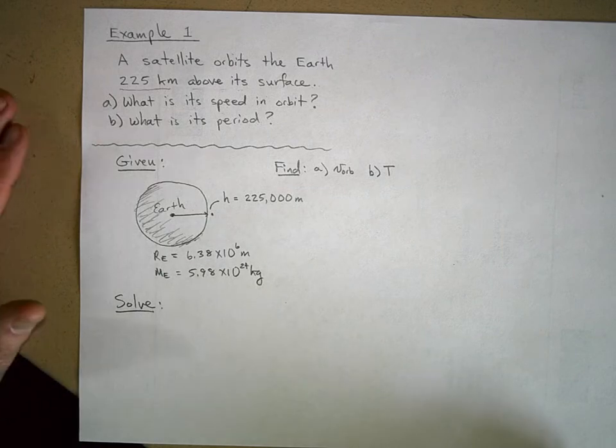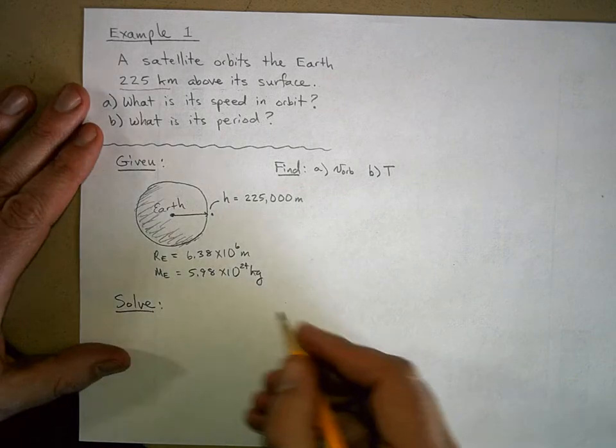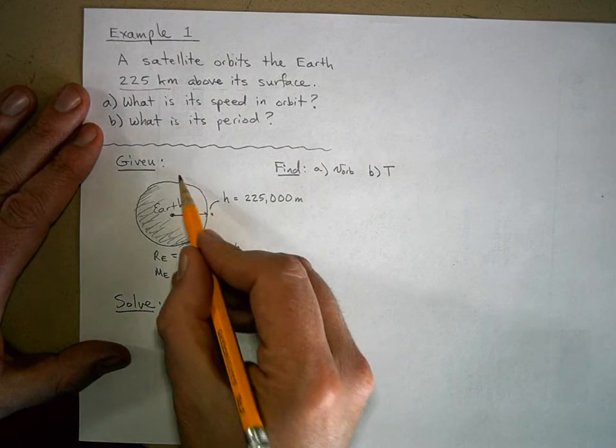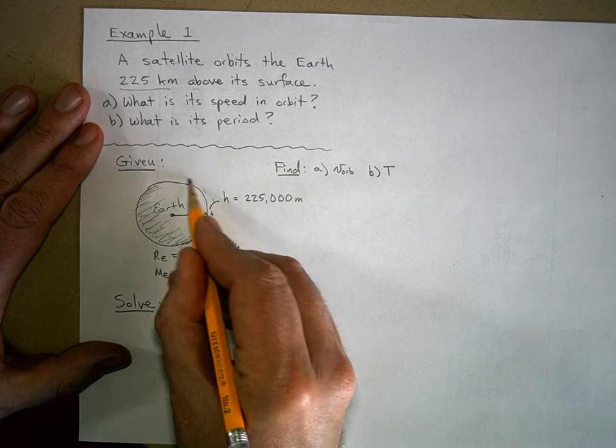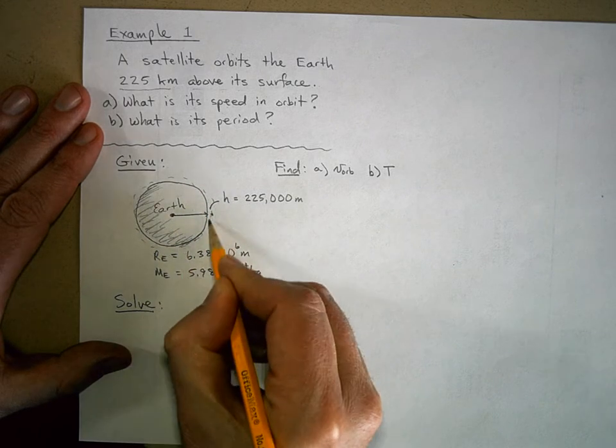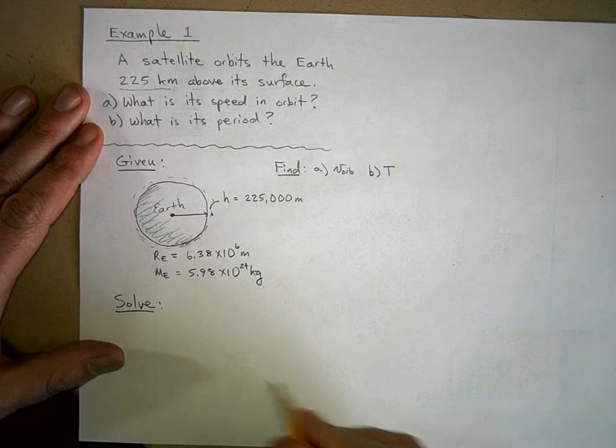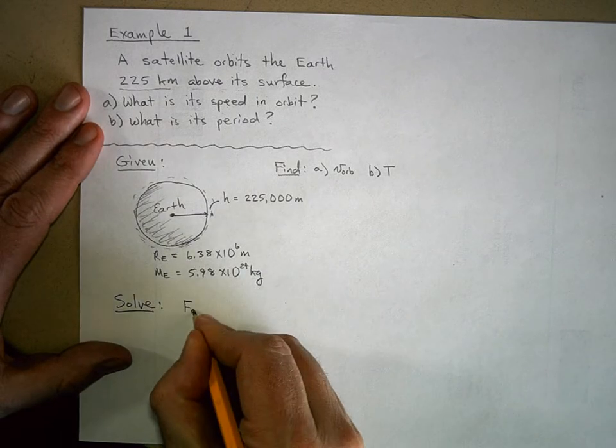Well, let's start off with our basic equation here. This thing's in orbit, so it's moving in a circle. So the Earth's gravity is pulling on it.